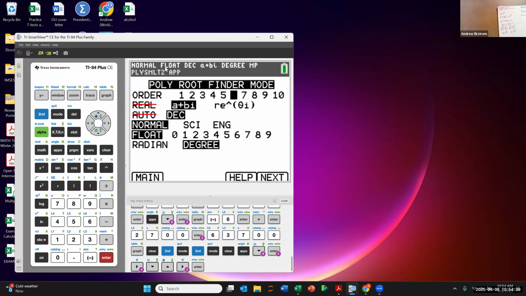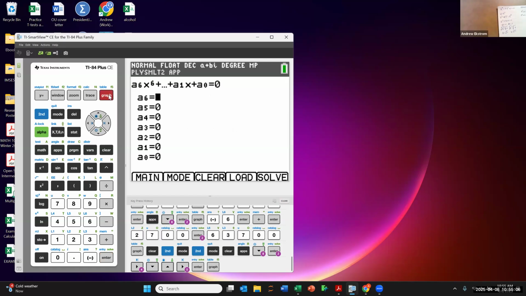You can see that it's automatically doing complex roots, because most of the time that's what's going to happen. When you look on here, it says next. That corresponds to the graph. Help corresponds to trace. Main corresponds to y equals. So I want to hit next.